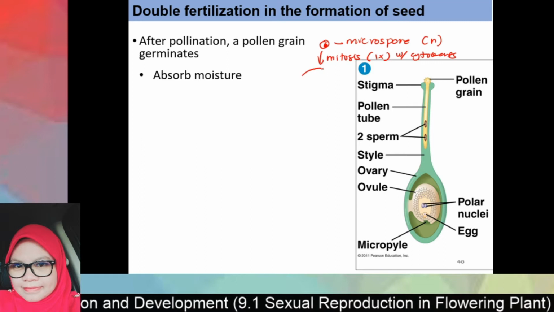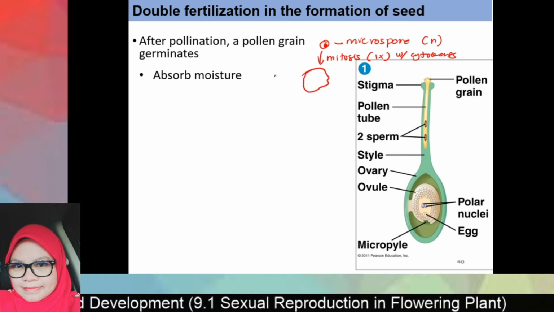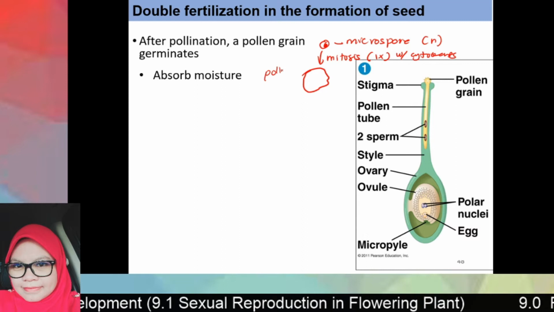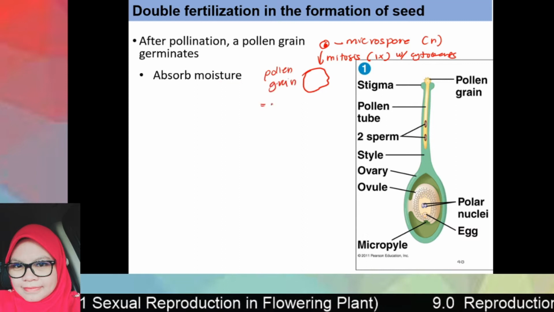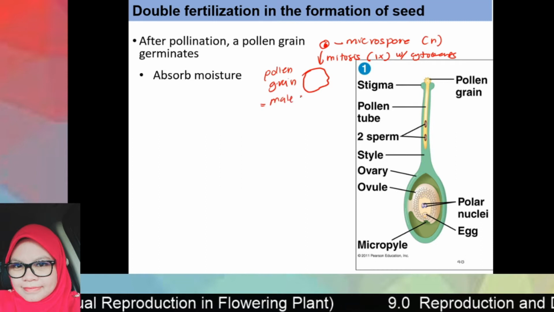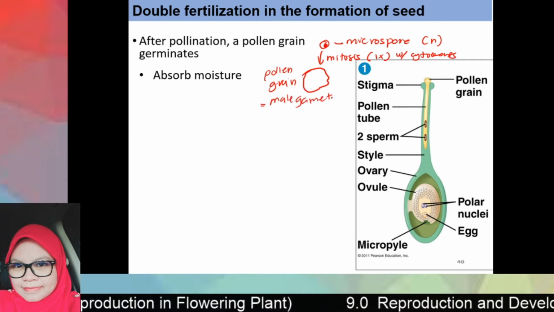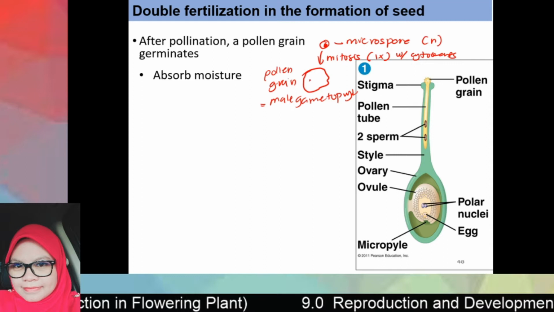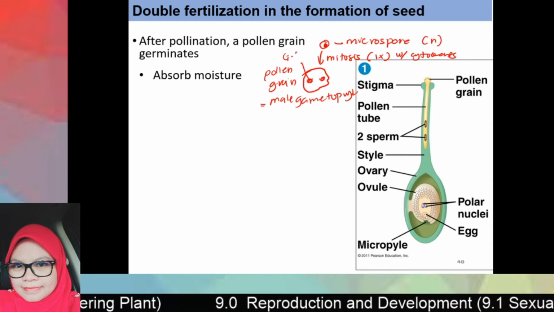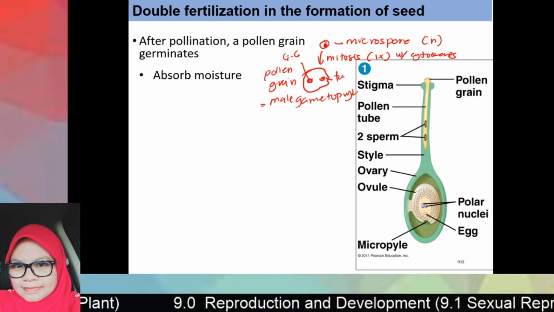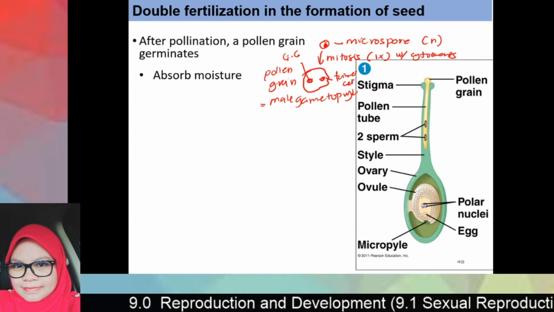So it will form a structure called a pollen grain, which is equal to the male gametophyte, consisting of two cells: the generative cell and the tube cell.